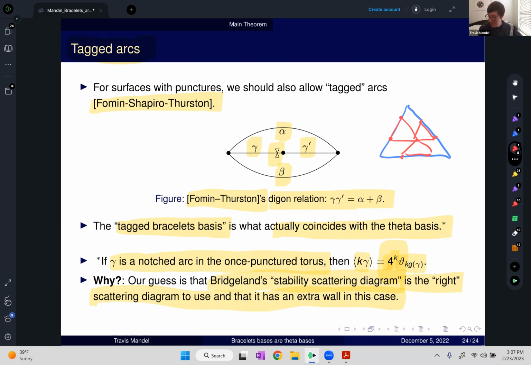Yeah, there are very few cases where people can say explicitly what the theta basis is and how to understand it. There are rank 2 cases, there's the greedy basis, and in simple cases the theta functions are just the cluster variables.